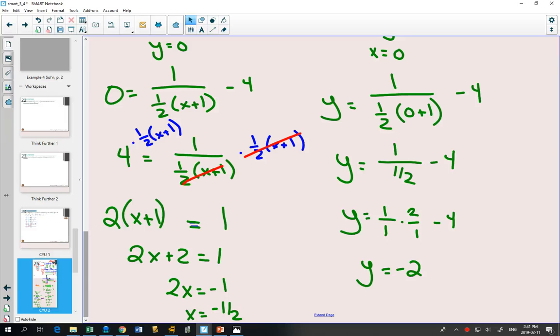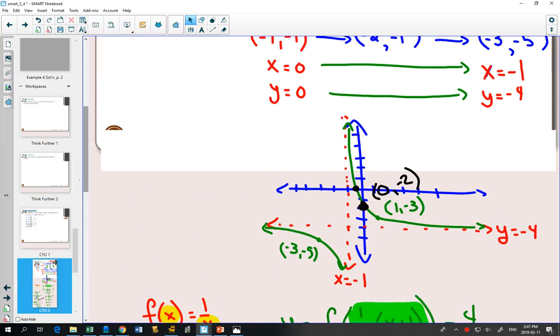So it's using your skills from grade 11 with rational equations, solving for x from grade 9 and grade 10. And so we can go back to our graph and I can label that I know that this point is at negative 1/2, 0.